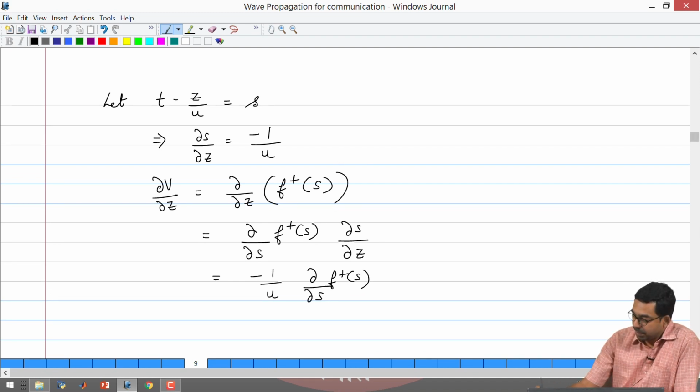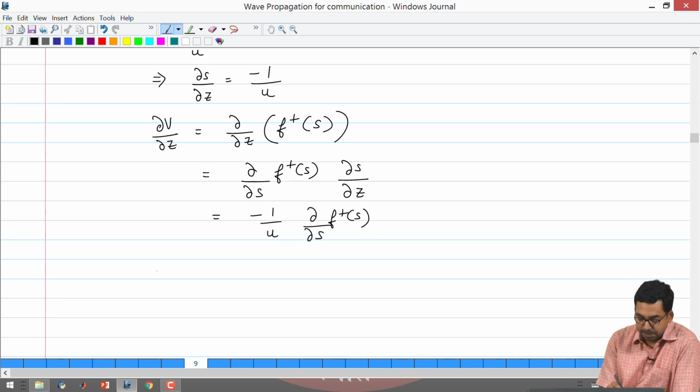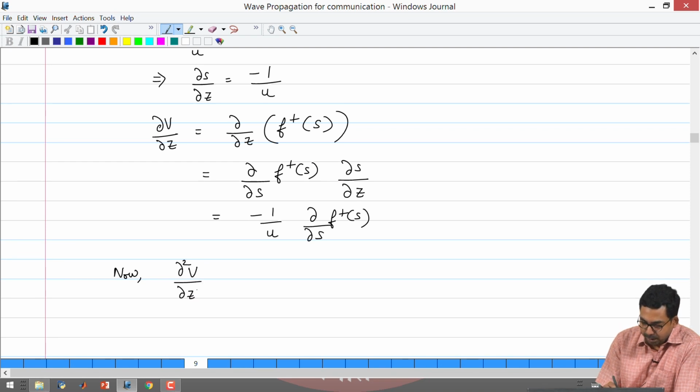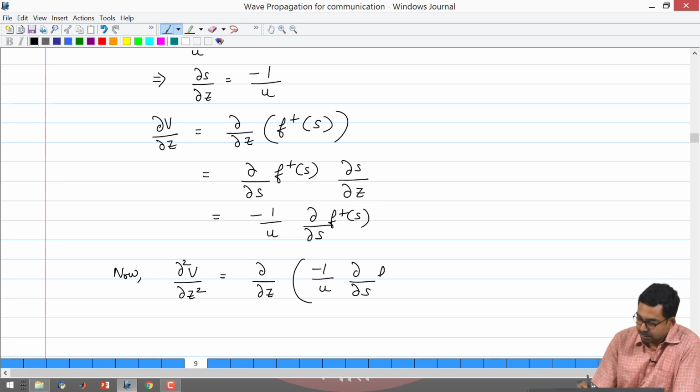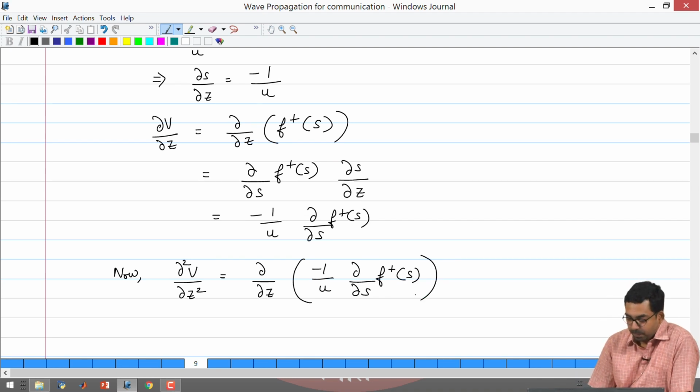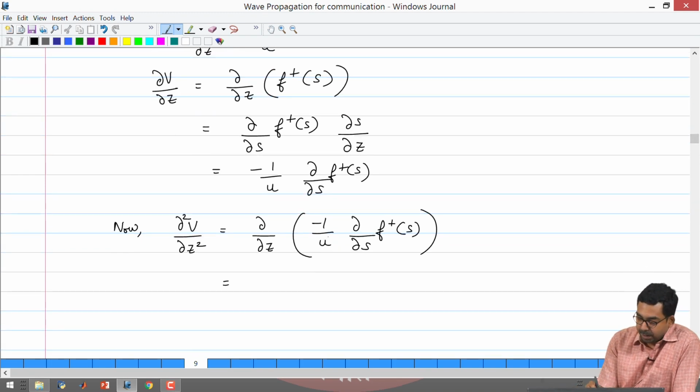The left hand side in our equation had a second order derivative, which means that dou square v by dou z square is what we need. So, that is going to be dou by dou z of the quantity that we just calculated, which is minus 1 by u dou by dou s of f plus of s. So, we can remove the constant term outside.